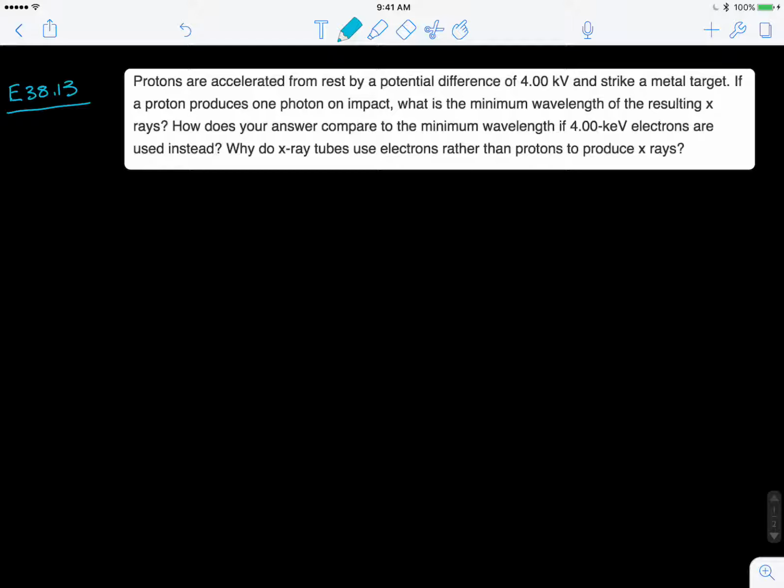Okay, so this is a pretty easy question. The first question that's asked is, if a proton produces one photon on impact, what is the minimum wavelength of the resulting X-ray?